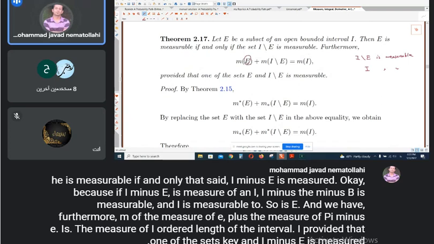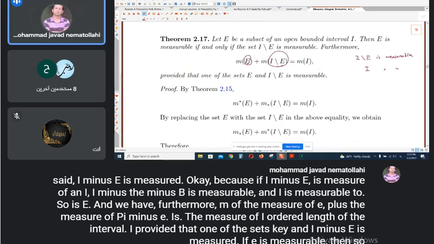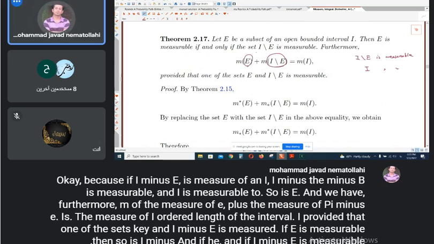If E is measurable, then so is I minus E. And if I minus E is measurable, then so is E.